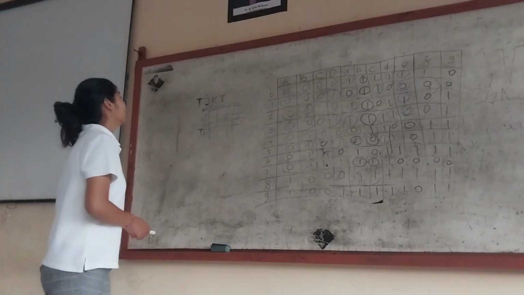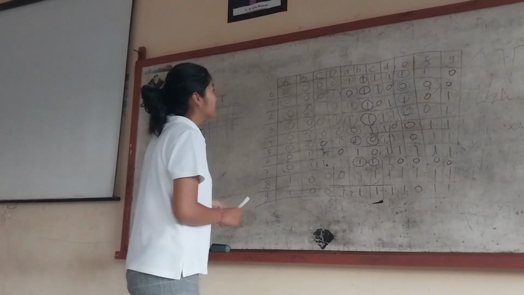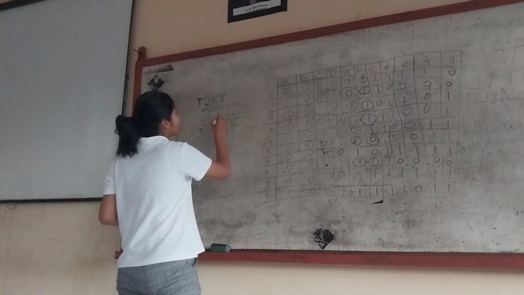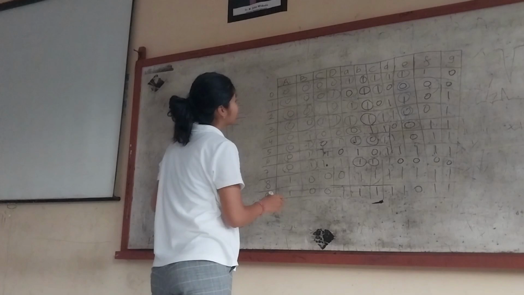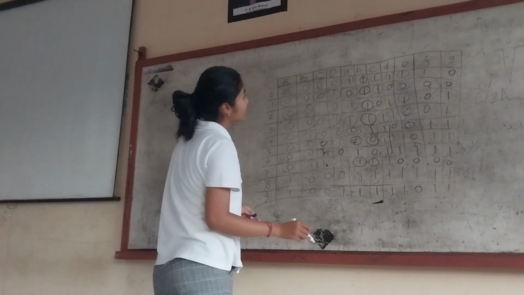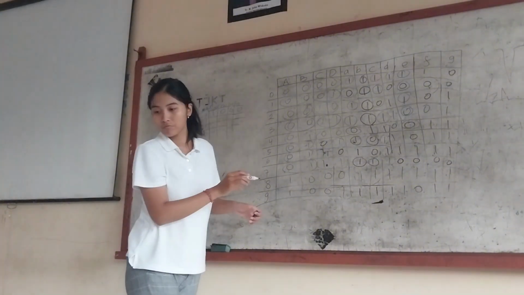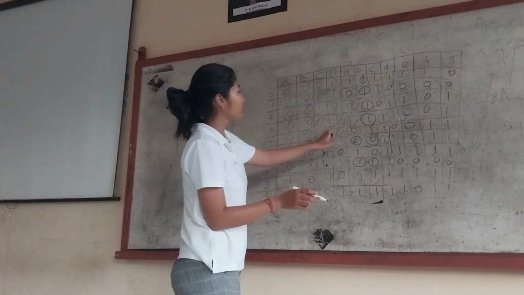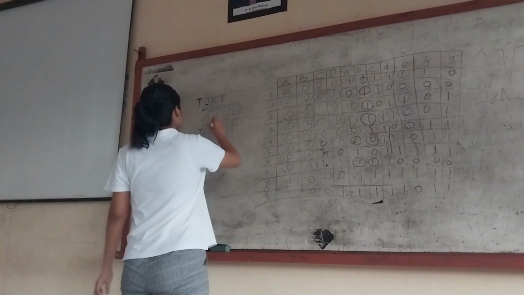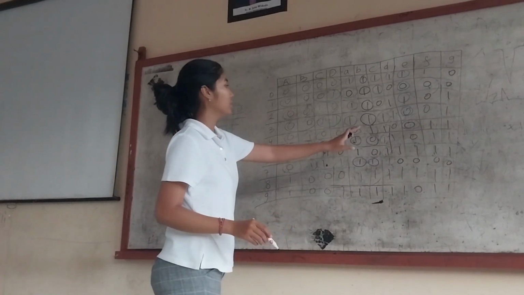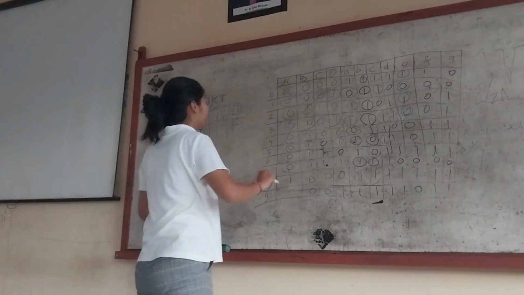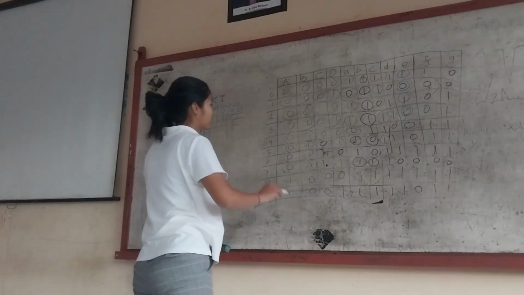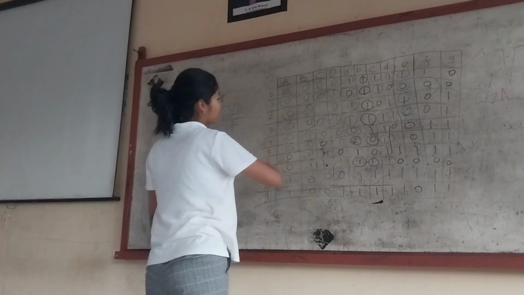So same like before, 0, 0, 0, 0 is 1, 0, 0, 0, 1 is 0, 0, 0, 1, 1 is 0, 0, 0, 1, 0 is 0, 0, 1, 0, 0 is 1, 0, 1, 0, 1 is 1, 0, 1, 1, 1 is 0, 0, 1, 1, 0 is 1.